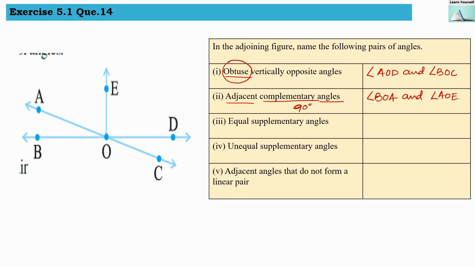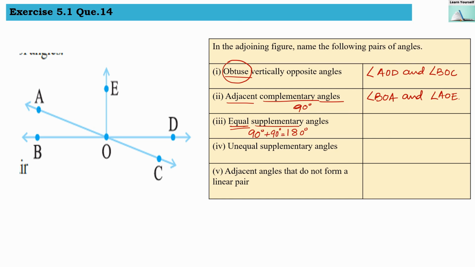Third question, equal supplementary angles. First of all, supplementary angles. That means the sum of the measures of these angles should be 180 degree, and they are saying equal. That means if they both are 90 degree, then only we will get 90 degree plus 90 degree equals 180 degree.